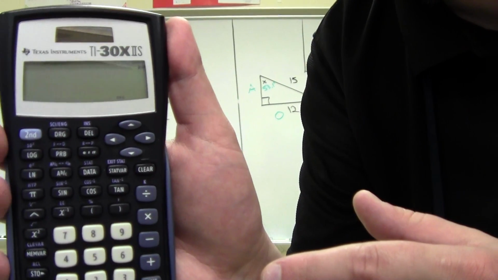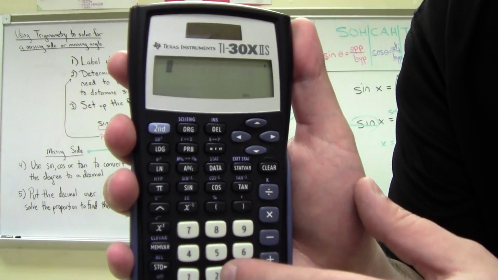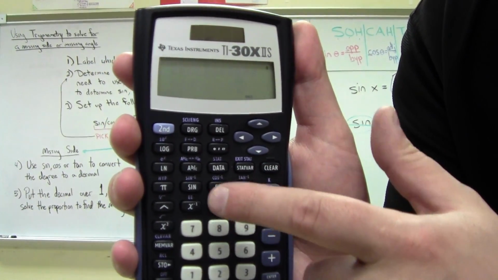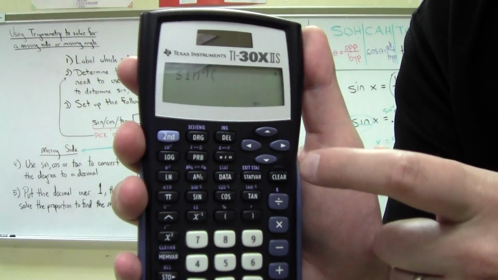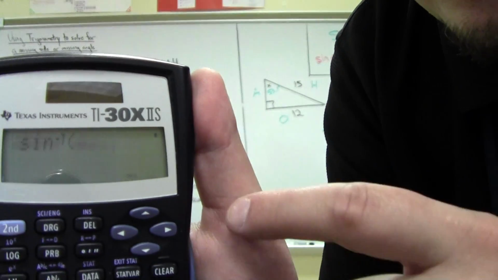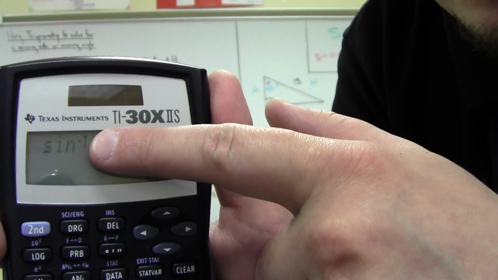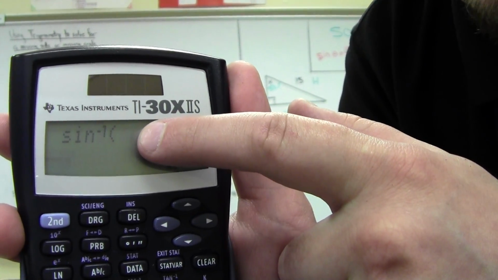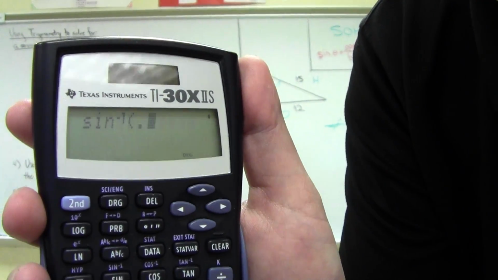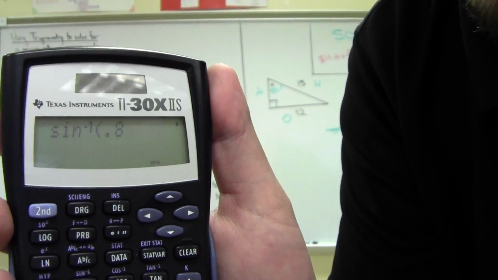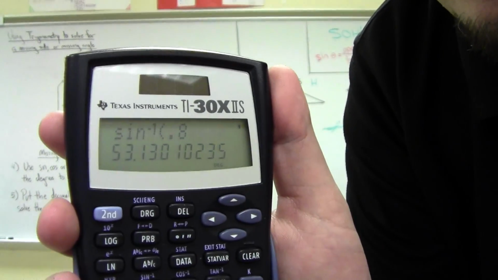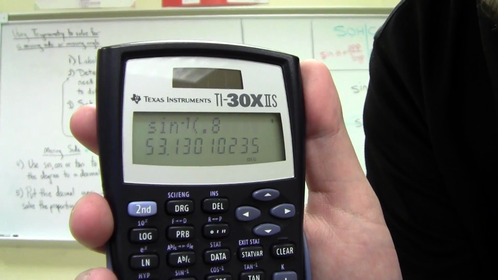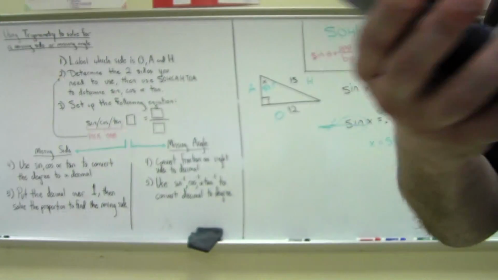So we're going to do the same thing, but a little reversed. We hit second sine, and you'll notice it comes up inverse of sine. You see sine to the negative first power, and then it leaves you parentheses, and you just type the decimal. So we do 0.8, hit enter, and there it is again. We get 53.13 and so on. We round it, we get 53.1.